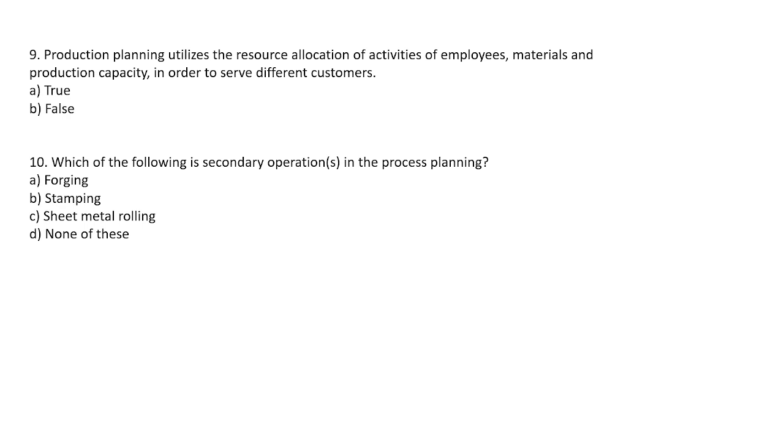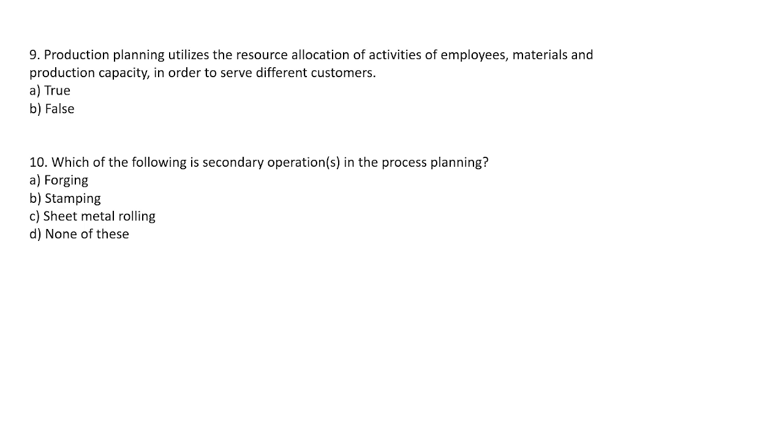Production planning involves the allocation of resources such as employees, materials, production capacity, as we have seen here, to serve production activities. It involves scheduling and coordinating production activities to ensure that necessary resources are available at the right time, in the right quantity, and with appropriate quality to produce the desired output.